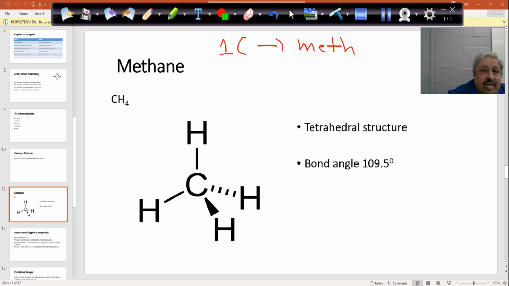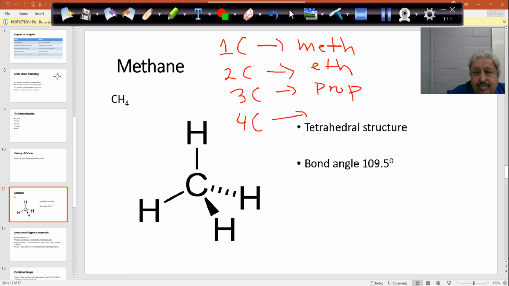Okay. And then 2 carbons, eth. 3 carbons, prop. We can go up to 10. 4, bute. Not but, bute. The U is pronounced differently from but. 5, pent. 6, hex.